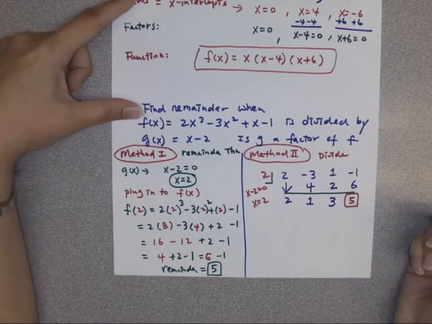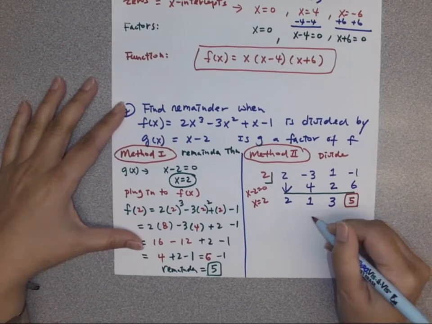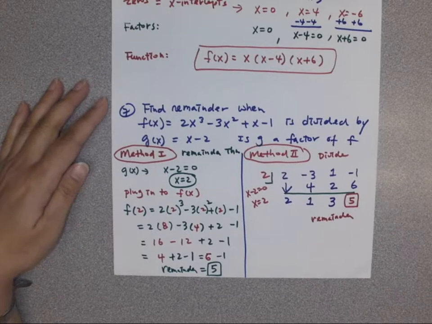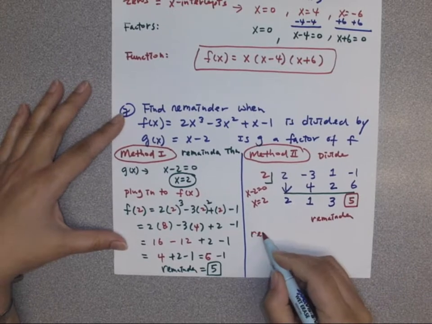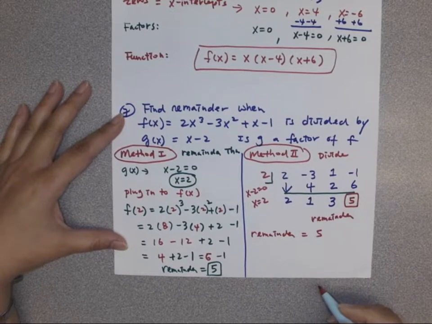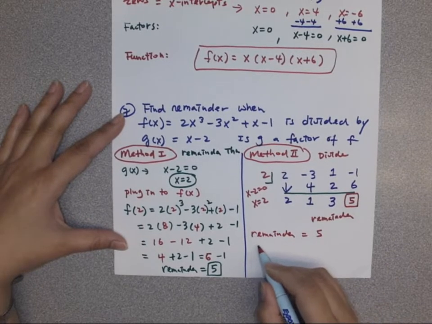So anytime if you want to stop the video and just try it and check the answer with me, that would be fine too. So they ask for the remainder. Either way, you should get 5. And is g a factor? Not in this case.